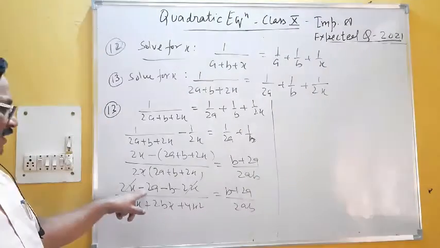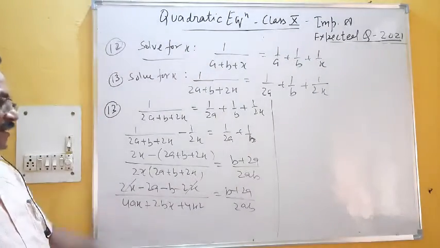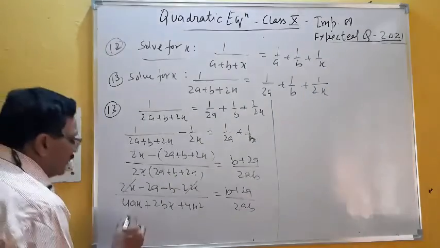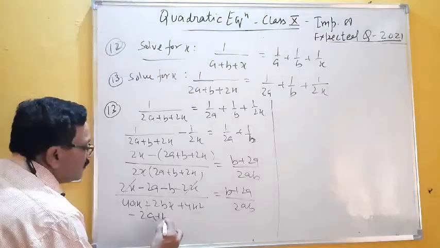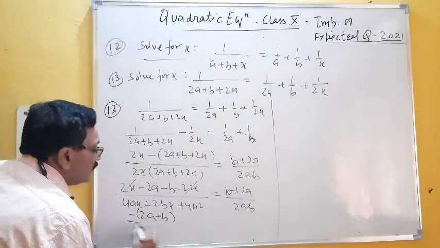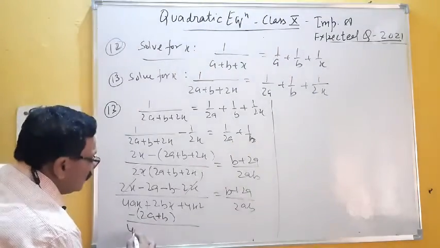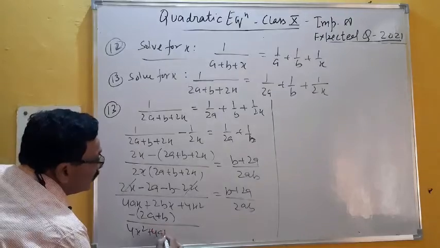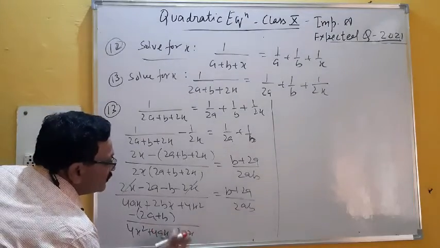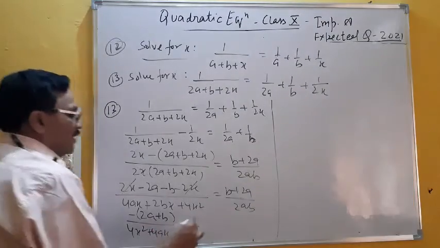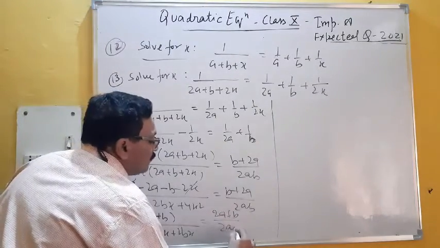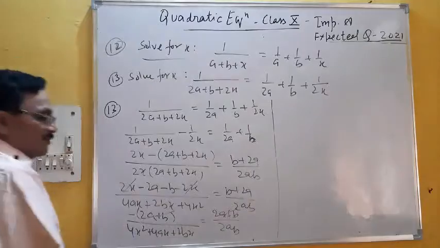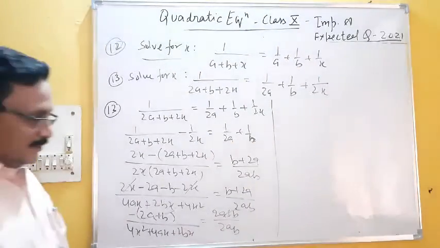If I take minus common there, I will get the same term. Here I am getting minus 2a plus b upon 4x square plus 4ax plus 2bx, and here also 2ab. This we can cancel because the same thing is there, right?